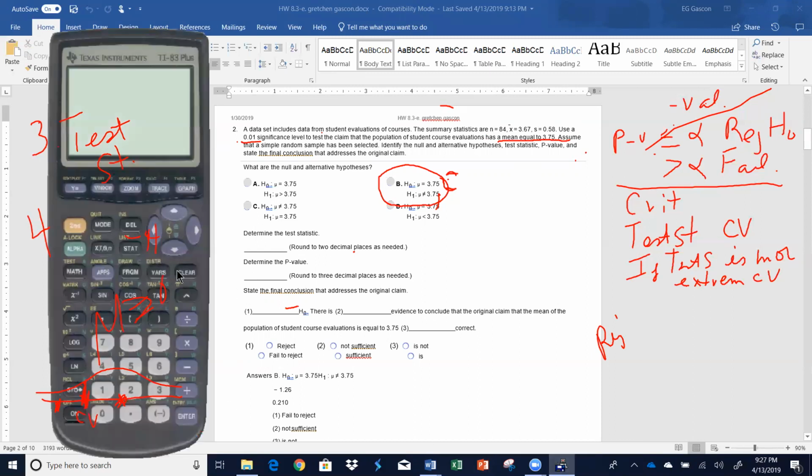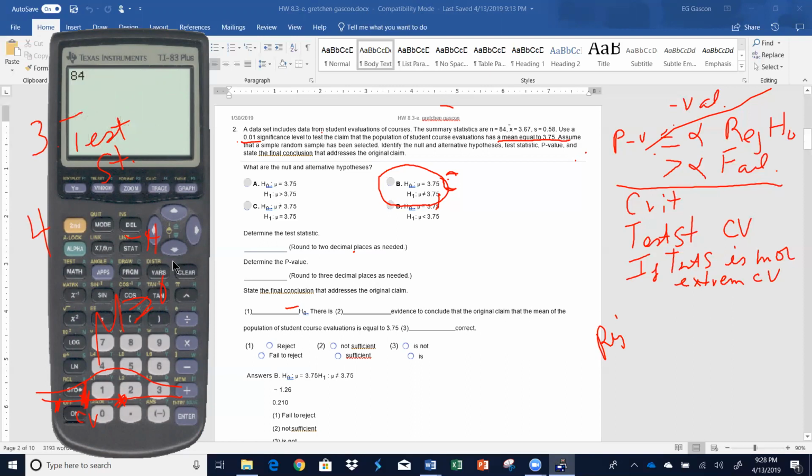The test statistic, okay, I'll do that real quick. I'll get the test statistic up here. Stat, test, T-test, stats. mu0 is 3.75. X bar is 3.67. S is 0.58. N is 84. Oh, shoot. What happened here?